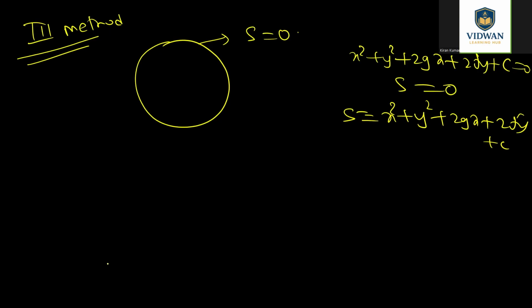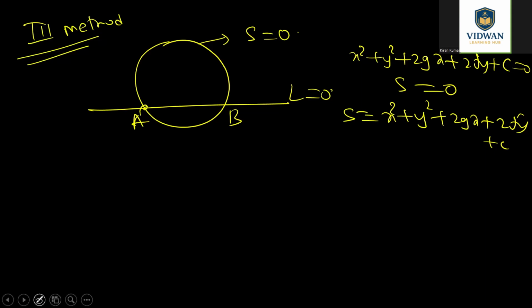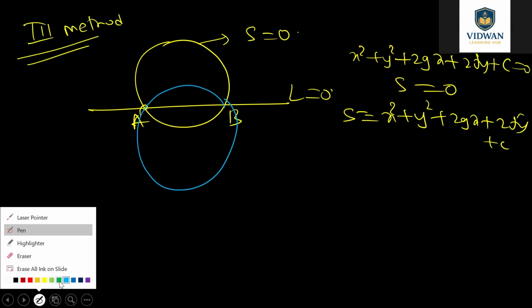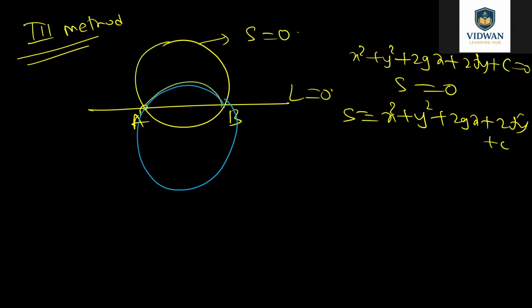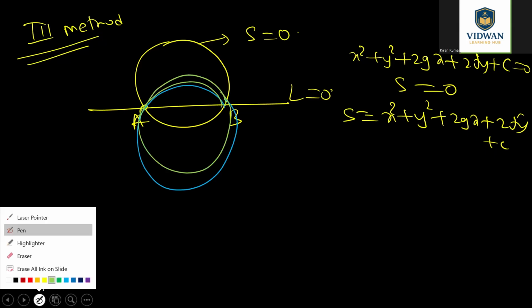And if a circle is intersected by a line, L equal to 0 is a line, and both are intersecting at A and B, through AB how many circles can you draw? Infinite. Through two given points, you can actually draw an infinite number of circles.